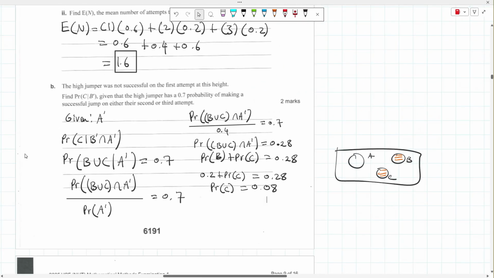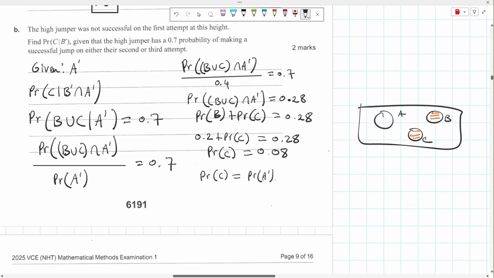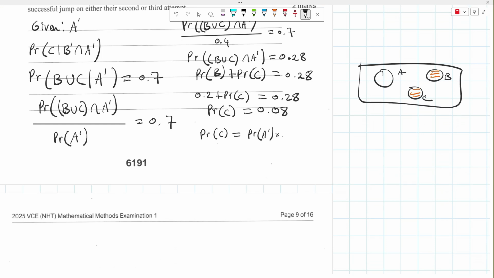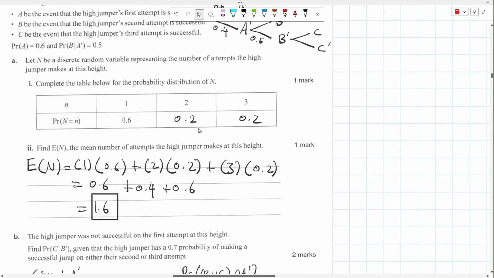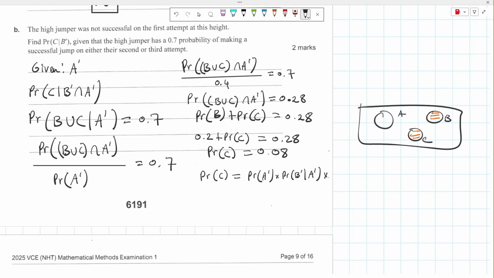Okay. And now to find this right here. We know that the probability of C, which is the third attempt being successful, is really just the probability of not A multiplied by the probability of not B given not A, times the probability of C given that A did not occur and B did not occur.